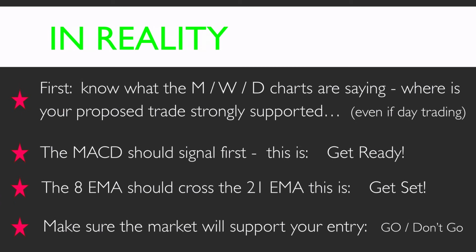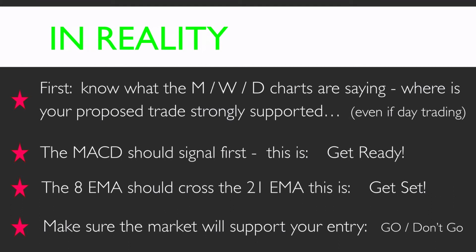In reality, the way I frame this out is you have to first know what the monthly, weekly, and daily charts are saying. Where is your proposed trade most strongly supported? And this is true even if you're day trading. So in other words, are you trying to swing trade against a weekly setup?